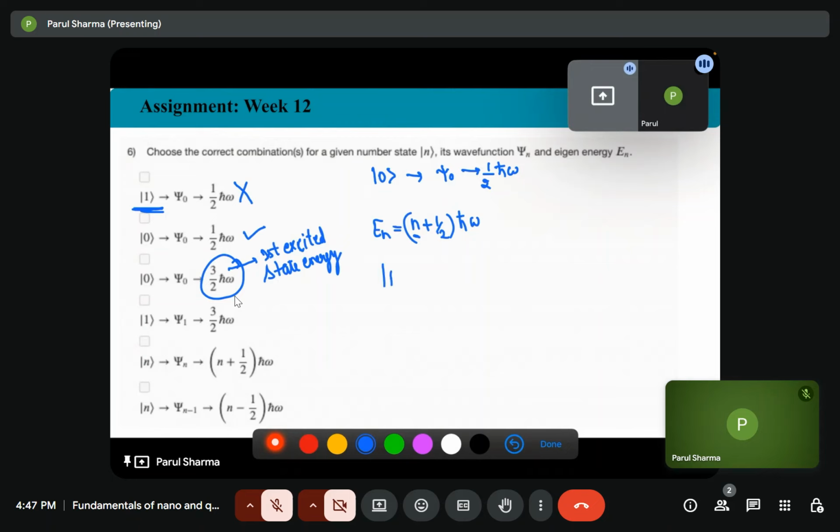We can generalize it for the nth state, that psi n is equal to n plus 1 by 2 h cross omega. So option B is correct, D is correct, and F, then E is correct. So here they have wrong, representing the wrong eigenstate.